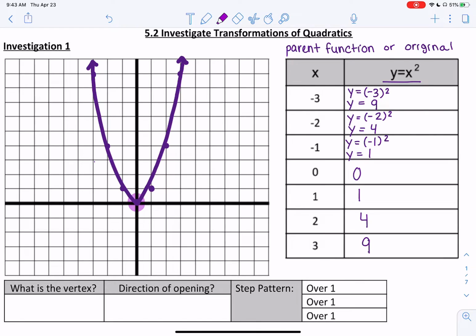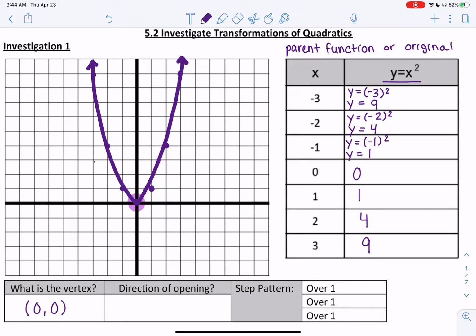All of our parabolas are always going to be symmetrical. If you look at our table of values, you'll notice that I go 9, 4, 1, 0, and then it turns around and I start repeating numbers again. That is the turnaround point of the vertex. So that point there that I've highlighted is our vertex. I'm just going to write those coordinates right here.